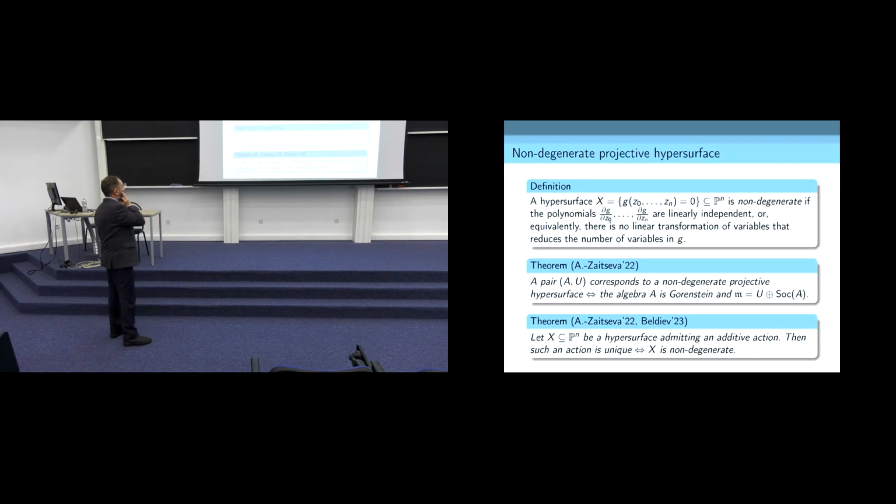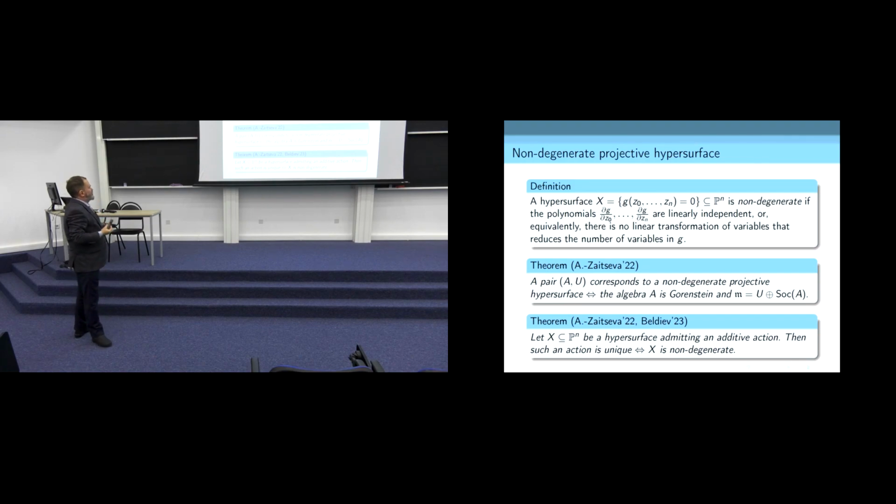Okay, now let me give a definition: a hypersurface is non-degenerate if it is not a projective cone over some other hypersurface. That is, it depends on all variables; we cannot make a change of coordinates such that the equation of our hypersurface does not depend on some variables. All this can be easily expressed in terms of partial derivatives.